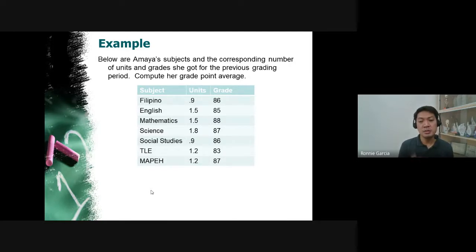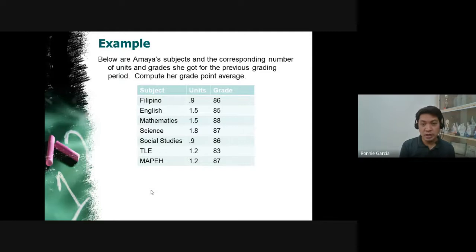So anong ibig sabihin nito mga units? Just like sa inyo, di ba, college students, you have subjects na may mga 3 units, may mga 5 units, and so on. Yung units kasi will determine kung gaano ka importante, the degree of the importance of the subject to your overall average.